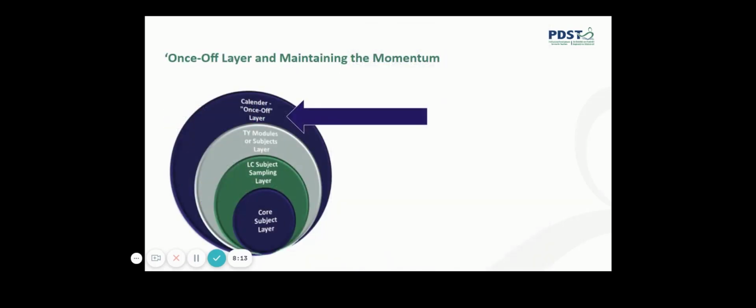The fourth layer is the layer in which the once-off events occur, work experience being an example of this. And of course, this layer has been the greatest challenge this year, and yet schools have continued to be inventive and creative in overcoming these obstacles.